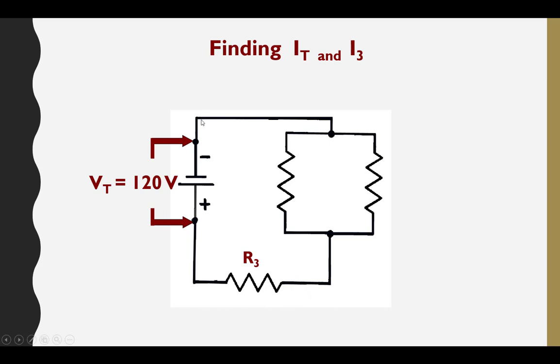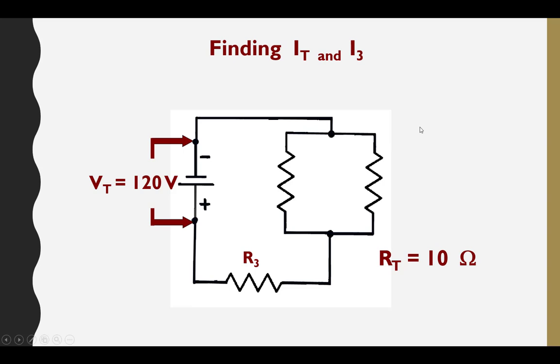So whatever left here got to this point, and it divided inversely proportional, but I don't even have to worry about that because I know that it comes back together again. Whatever left is remerged here and flows through this. So what I'm saying is, if I find IT, I3 is exactly the same.